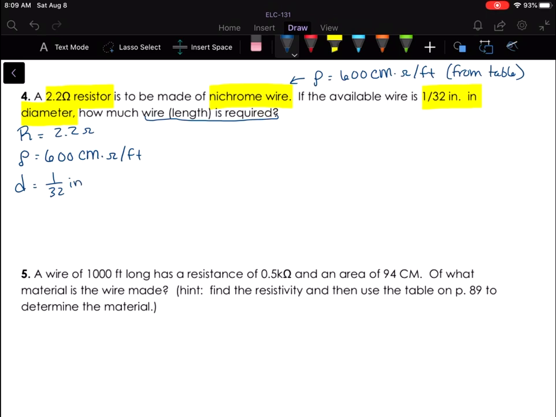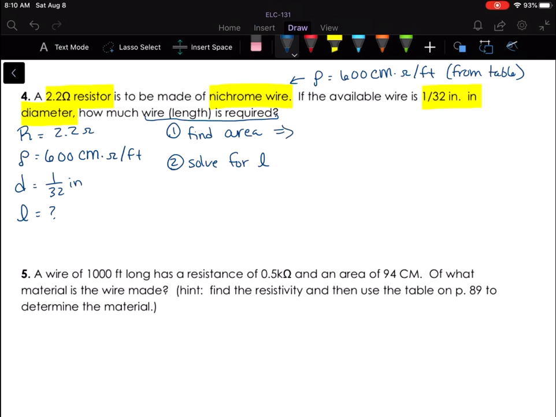We're going to have to do something with that because we need the area in our equation, and we're looking for the length. So a couple things. First of all, we need to find area, and then we need to solve for the length. Okay, so let's find the area first.